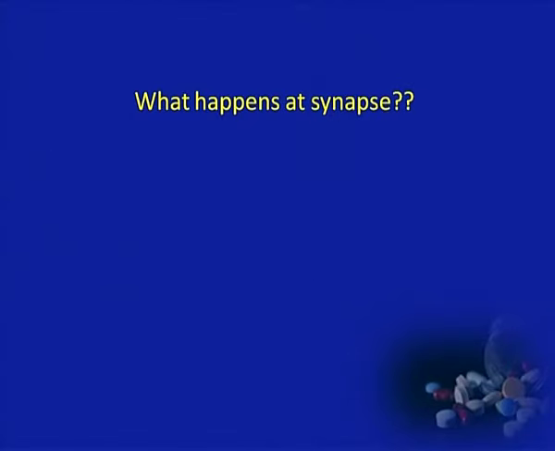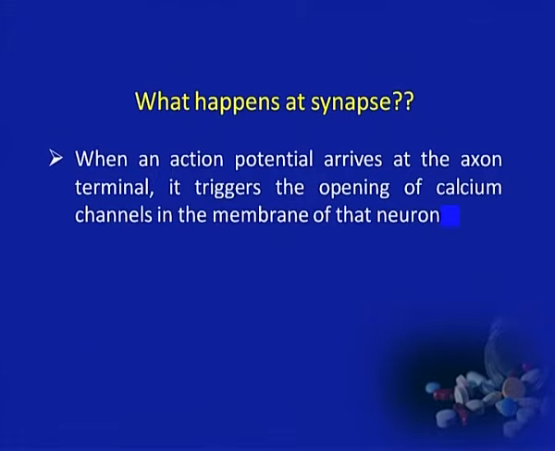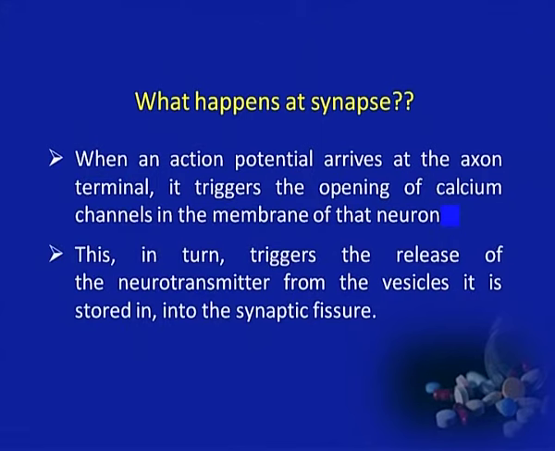Let us discuss what happens at the synapse. When an action potential arrives at the axon terminal, it triggers the opening of calcium channels in the membrane of that neuron. This in turn triggers the release of the neurotransmitter from the vesicle it is stored in into the synaptic fissure.